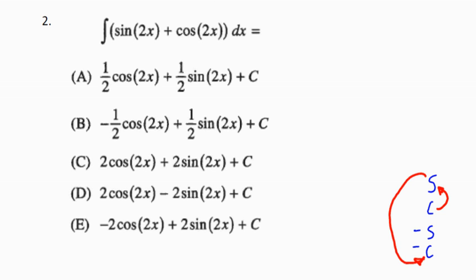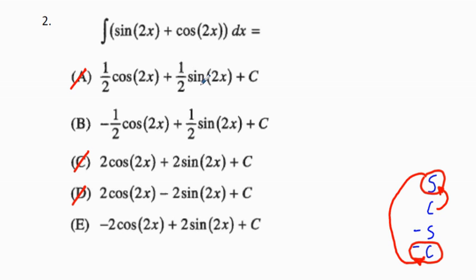So we can cross out everything that doesn't meet that requirement. A is both positive, C is both positive, D is cosine positive and sine negative, but we need a negative cosine and a positive sine. So we've already eliminated 3 answer choices based on that.